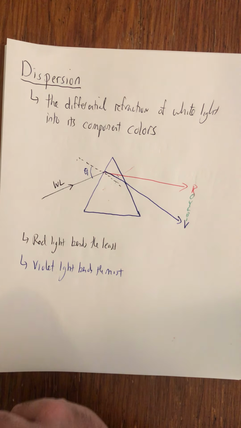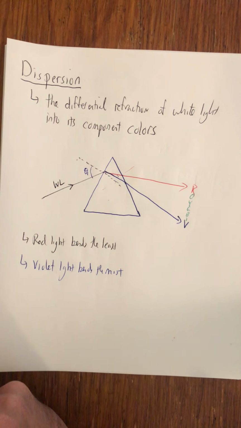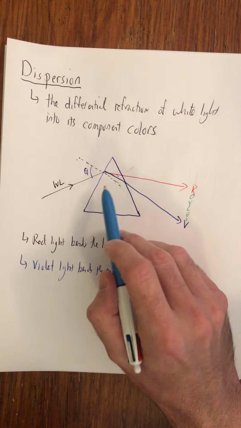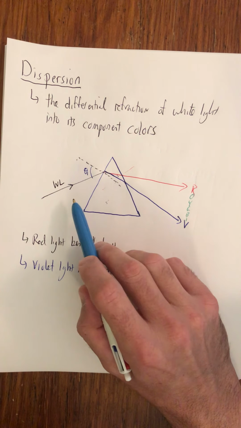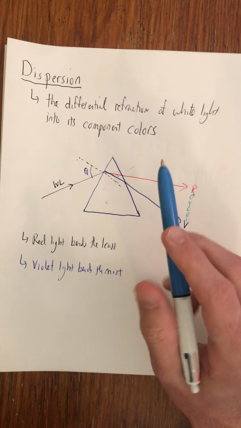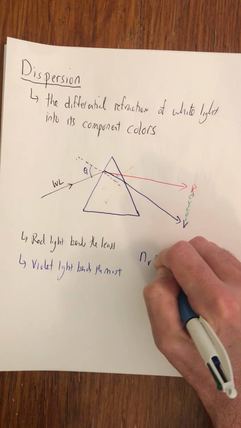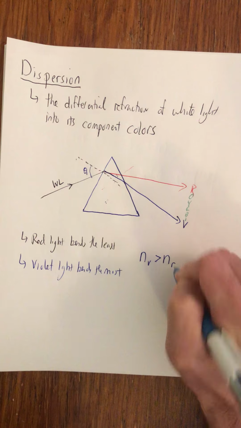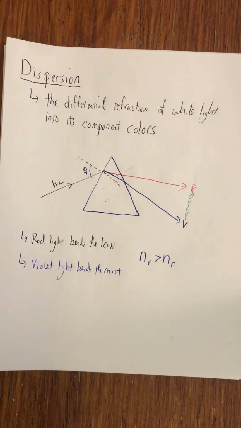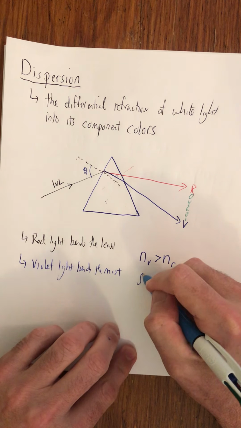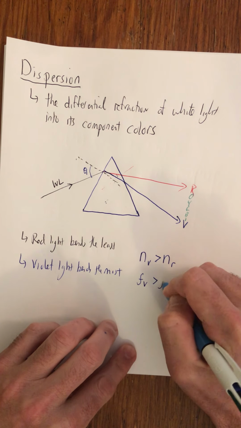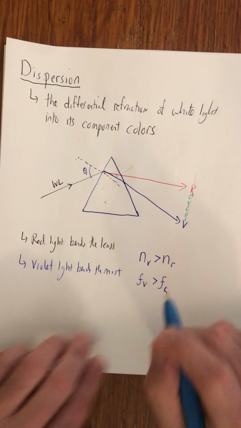Well, what we saw in an earlier video was the greater the difference in n, the greater the change in direction. Therefore, we know that the n of this material is greater than this. Violet light changes direction more, so it must be the n of violet light is greater than the n of red light. Well, what about violet light is greater than red light? Oh, the frequency. The frequency of violet light is greater than the frequency of red light.